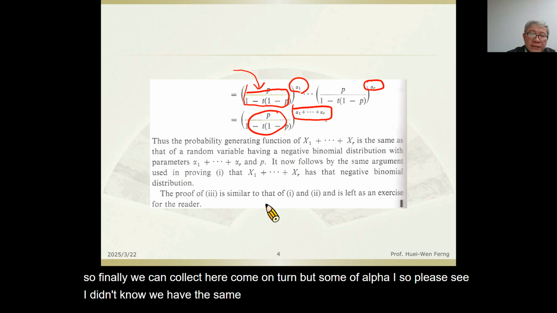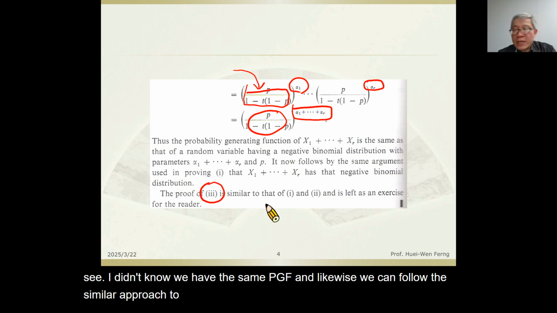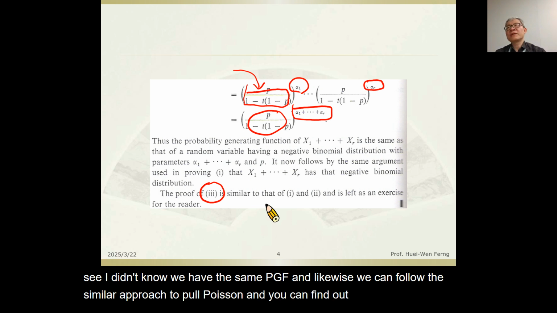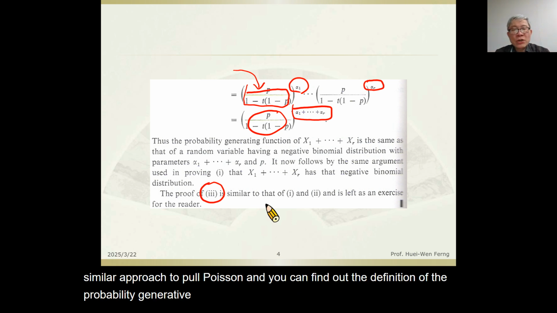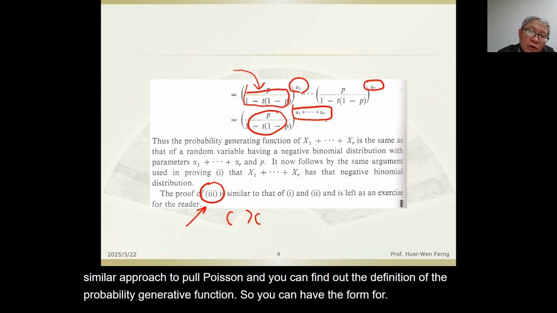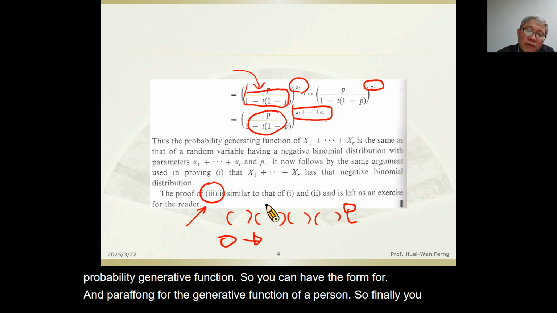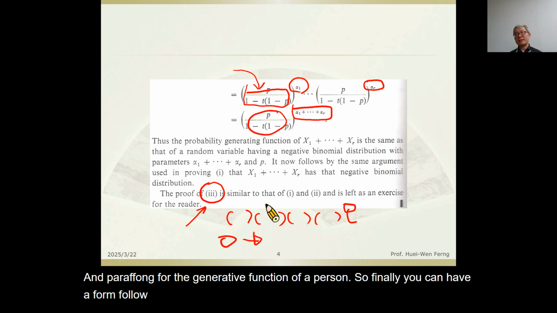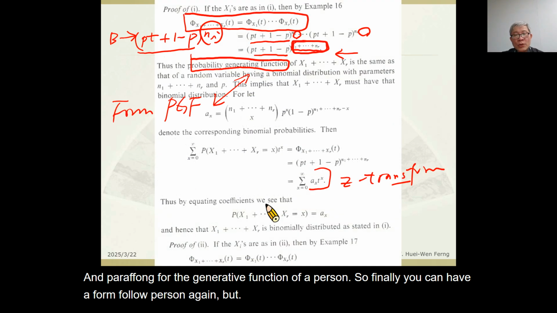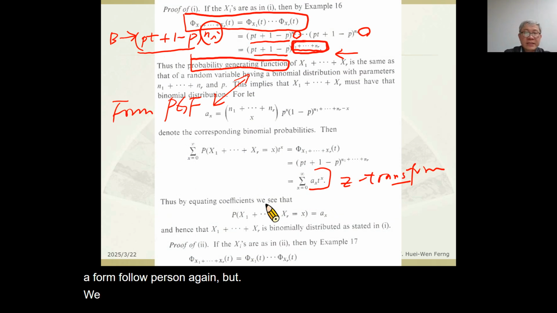And likewise, we can follow a similar approach to prove Poisson. You can follow the definition of the probability generating function, so you can have the form for Poisson and the product form for the generating function of Poisson. Finally, you get a Poisson again, but the rate is the sum of all the rates.